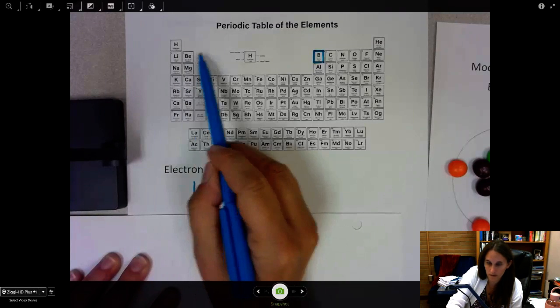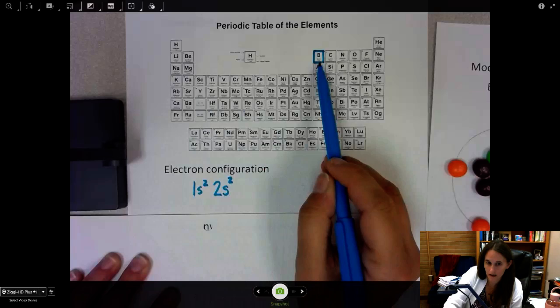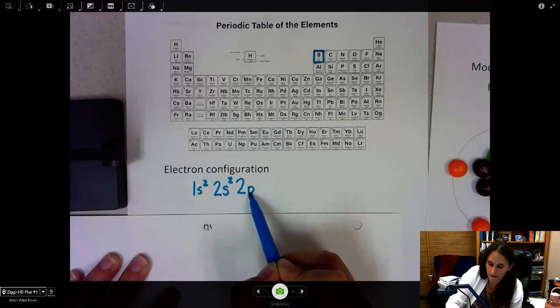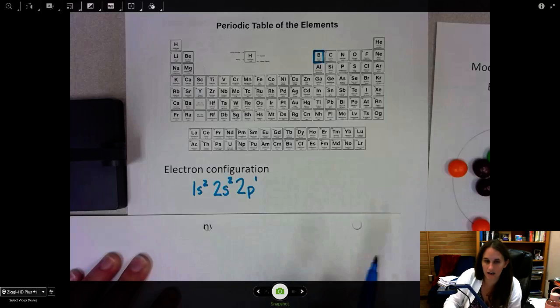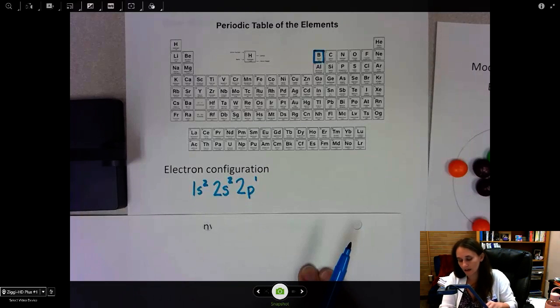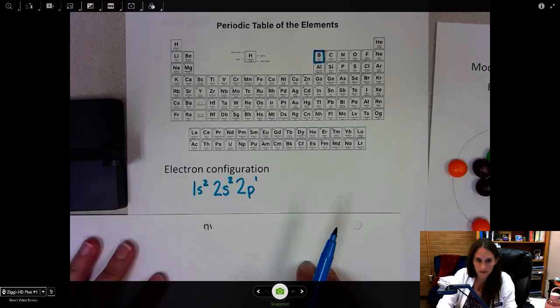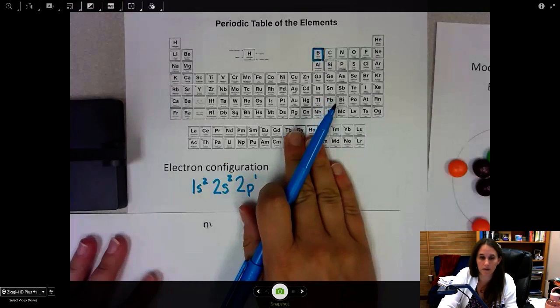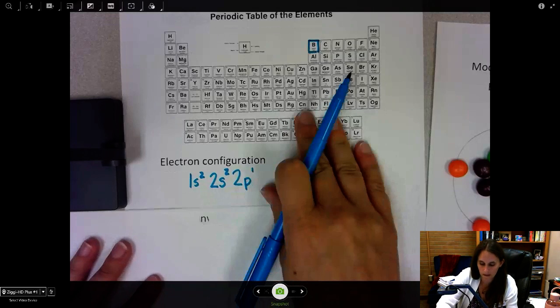I go through both of them. And then I jump over here to the p block. I'm still in the second period on the periodic table. So my last electron is located in the 2p sublevel. So that's the electron configuration for boron, whether it's a boron 10 or a boron 11, because remember, the electrons aren't different between those two, just the number of neutrons.